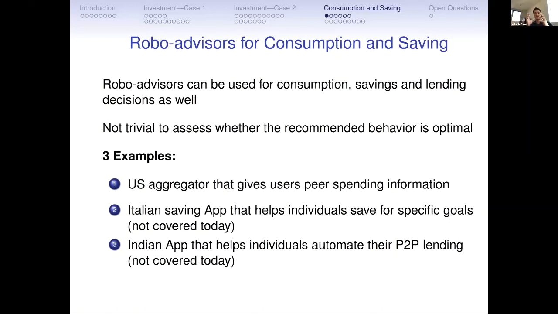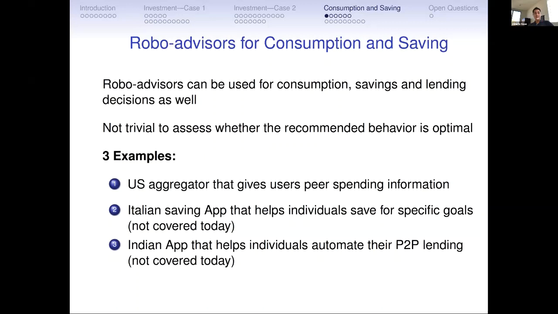In many cases, this provides a benchmark for individuals when deciding their spending decisions. This second project instead is an Italian app that automatically helps people set specific savings goals, and after setting the goals, helps people achieve them.